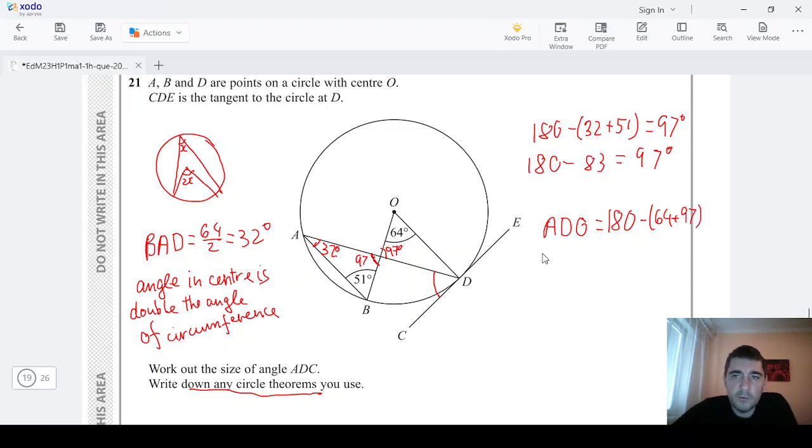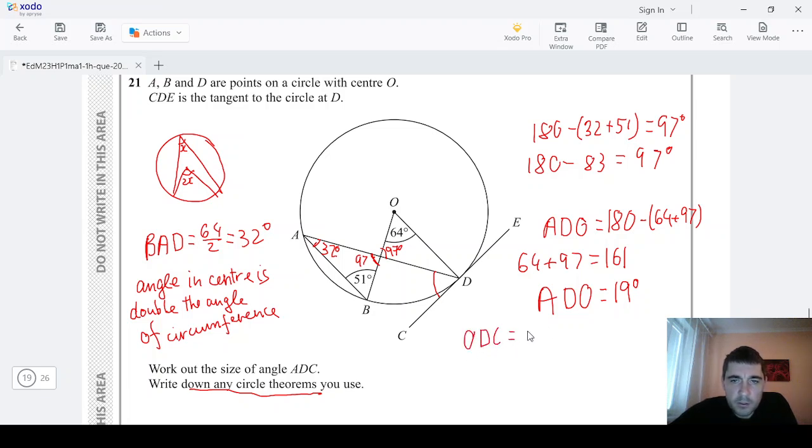Work out 64 plus 97, which gives 161, so angle ADO will then be equal to 19 degrees.